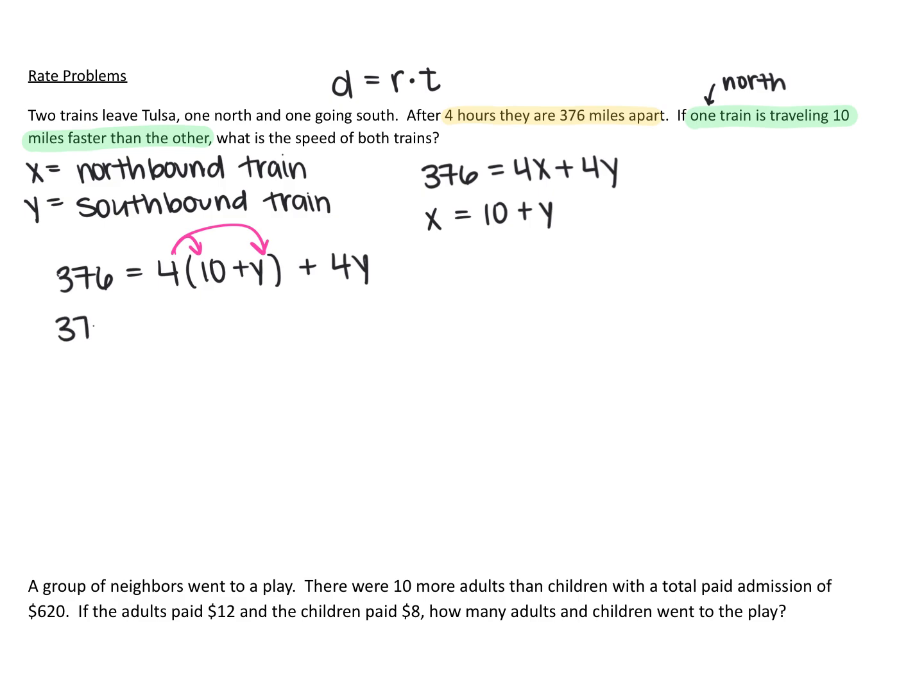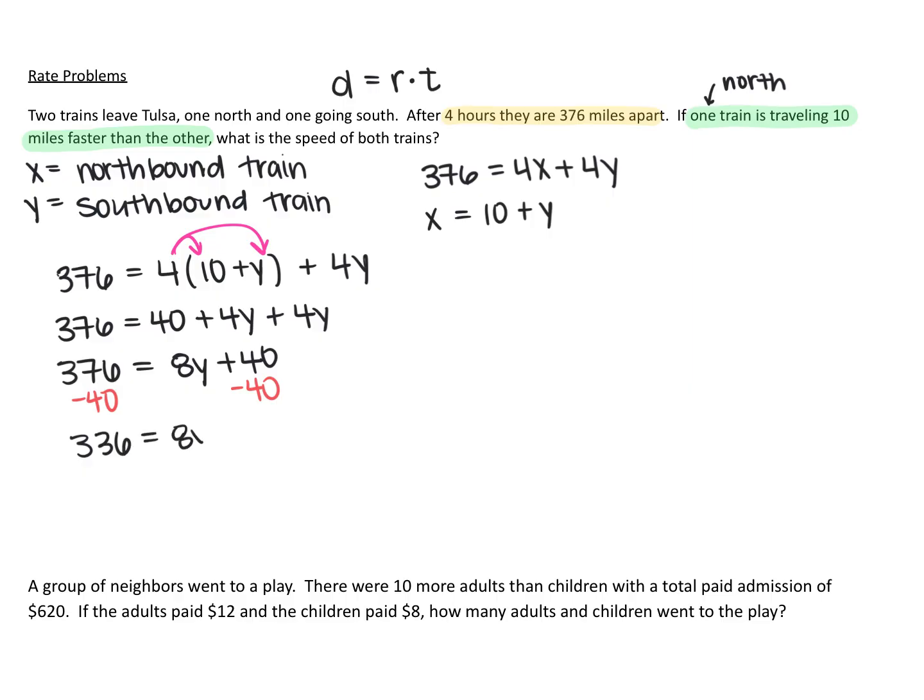So we get 376 equals 40 plus 4y plus 4y. Combining like terms, 376 equals 8y plus 40. Subtract 40 from both sides, we get 336 equals 8y.